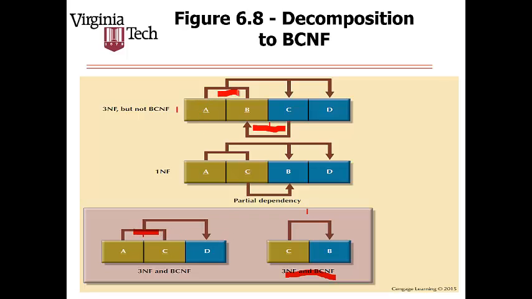We had A and B determine C and D. But then we realized we had a functional dependency, C determines B. When we saw that, we know that we can know the value of B if we know the value of C. Therefore, we can replace it in the key of this relation and now have relations that are both third normal form and Boyce-Codd normal form.